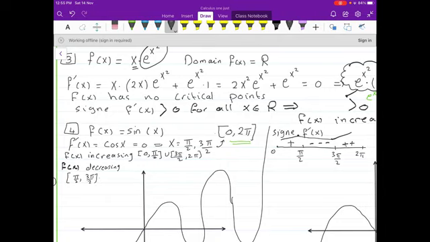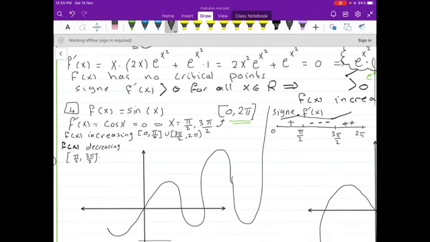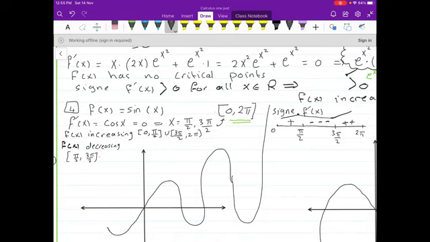So increasing, decreasing, increasing. Obviously there will be a max and a minimum. You can find the critical points: 0, pi over 2, 3 pi over 2, and 2 pi, with their images. We say that our aim in this lecture is to define what we mean by relative max and relative minimum.